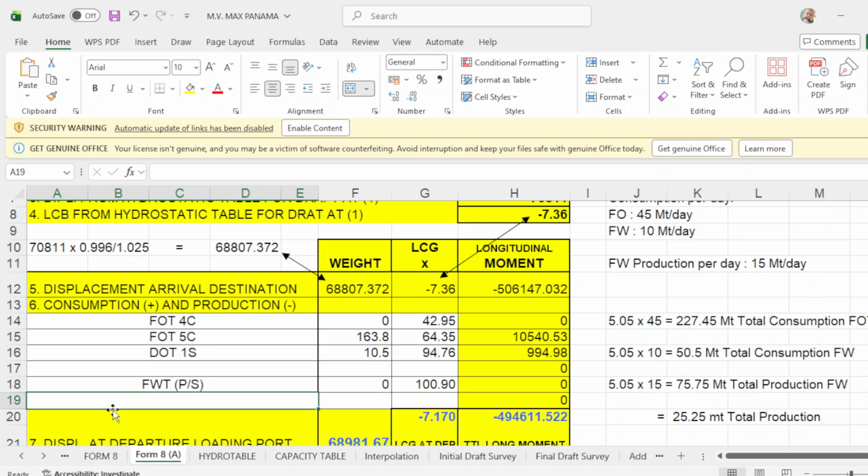Put here, add the cargo weights, add the weights, or I say reverse. Then I will put it this way.